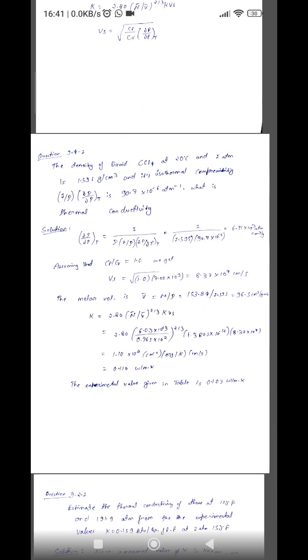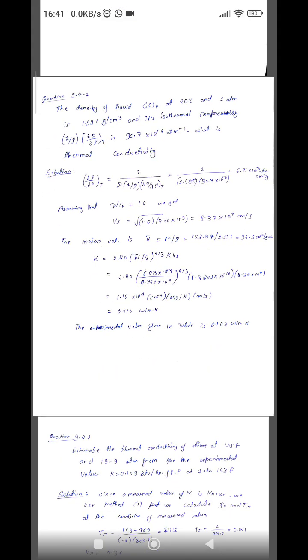Let's use this. The density of liquid CCl4 at 20 degrees Celsius and 1 atm is 1.595 gram per centimeter cube, and its isothermal compressibility is given. So we have to calculate the thermal conductivity. As we can see, Cp by Cv we have to assume 1.